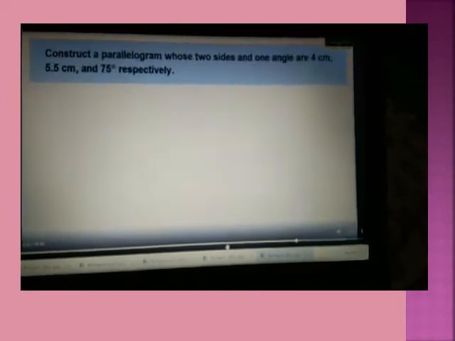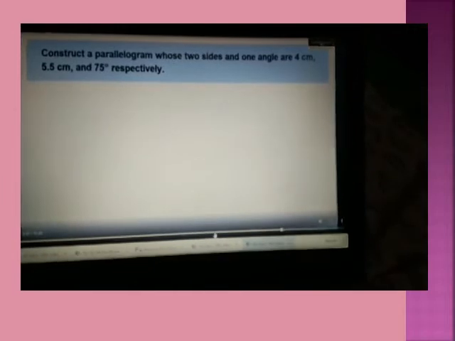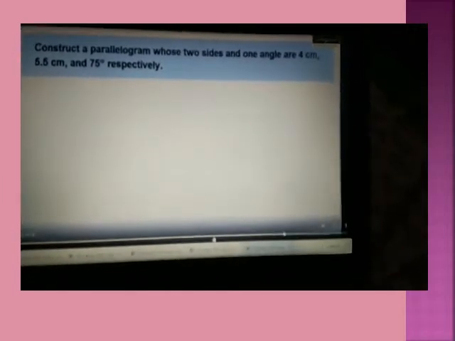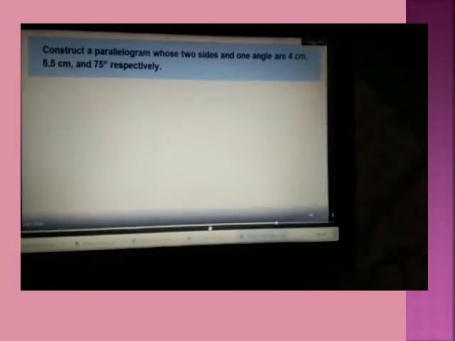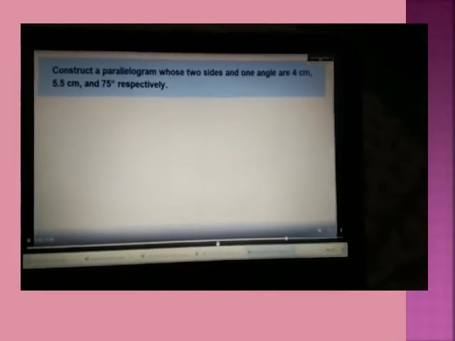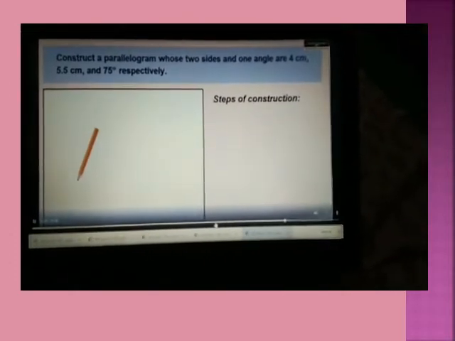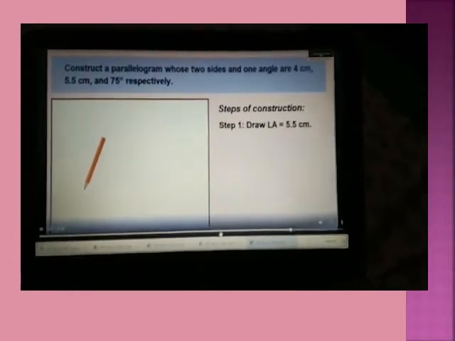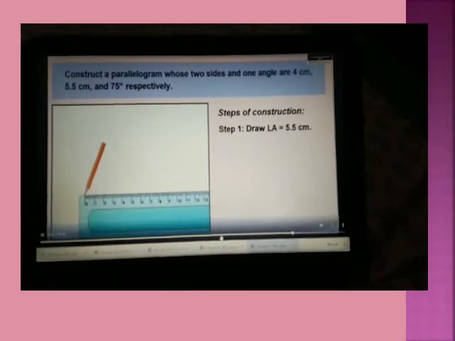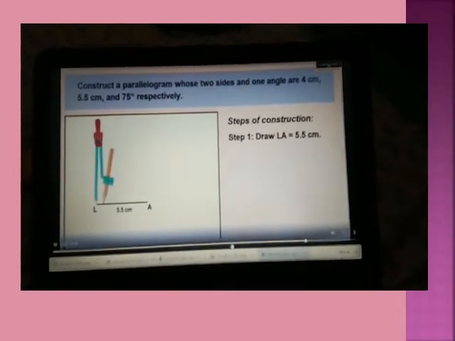Construct a parallelogram whose 2 sides and 1 angle are 4 cm, 5.5 cm and 75 degrees respectively. Solution. Steps of construction. Step 1. Draw LA equal to 5.5 centimeters. Step 2.